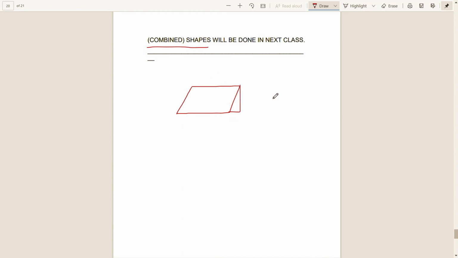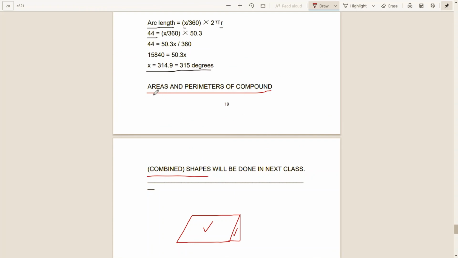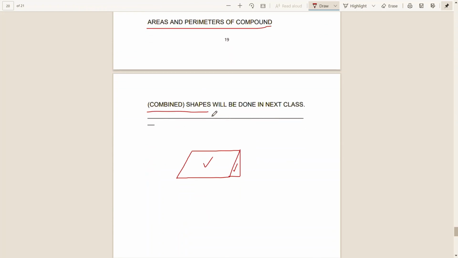So this is a combined shape, containing a parallelogram and a triangle. These types of questions, their areas and perimeters, will be done in the next class, right? They're just questions because we know the perimeters of those shapes and the areas. We'll just do the questions, right?